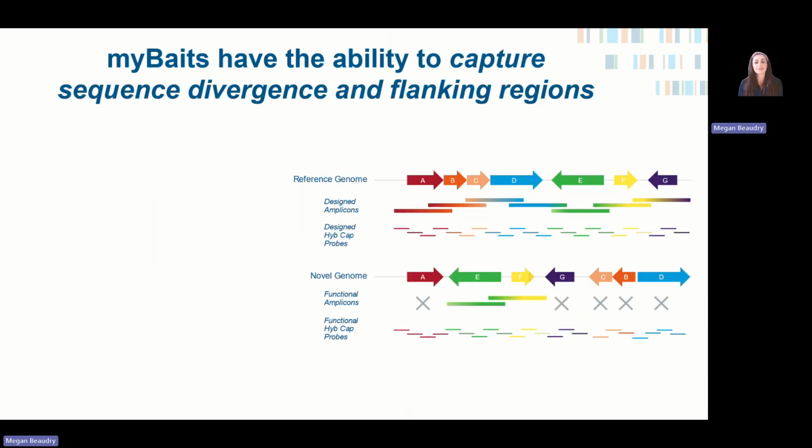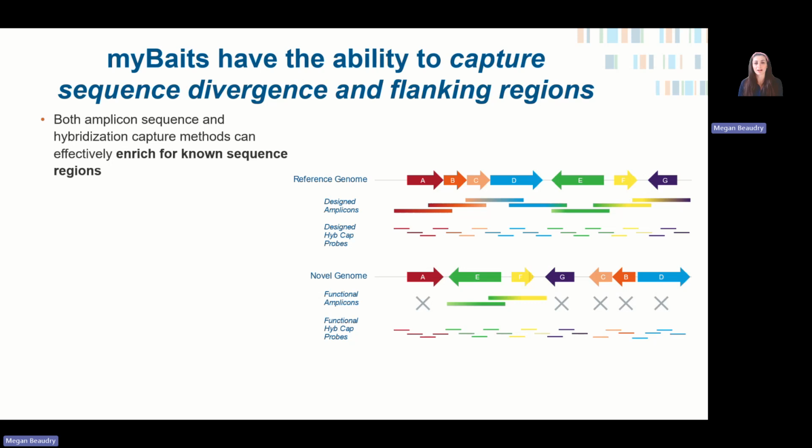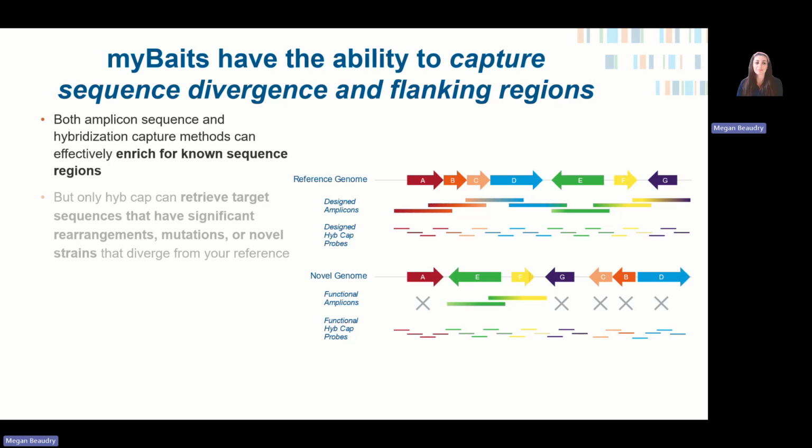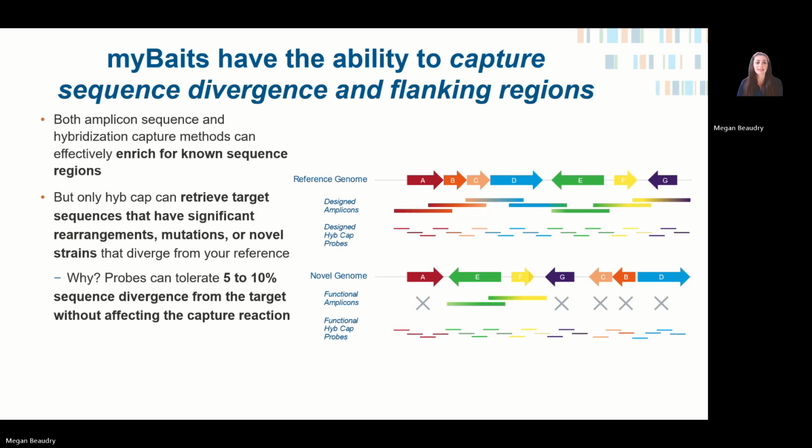Now, one of the key advantages over amplicon sequencing is how capture handles sequence divergence. So we know that both amplicon sequencing and hybridization capture can effectively enrich for known sequence regions. But only hybridization capture can retrieve sequences that have significant rearrangements, mutations, or novel strains that diverge from the reference.